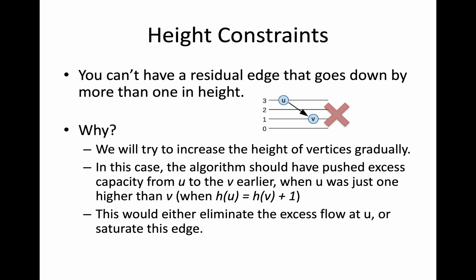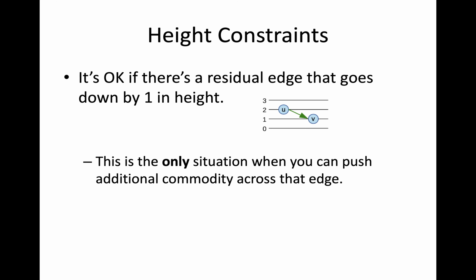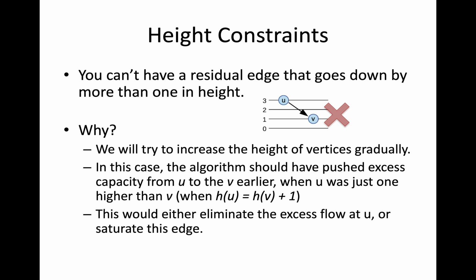I'll back up to show you the relabel operation. So we only relabel when we've got some excess and we can't push it across any of the outgoing edges, because we're lower than any of those neighbors. And even then, we increase the height as little as we can. We increase it to just 1 more than any neighbor to which we have some residual capacity.